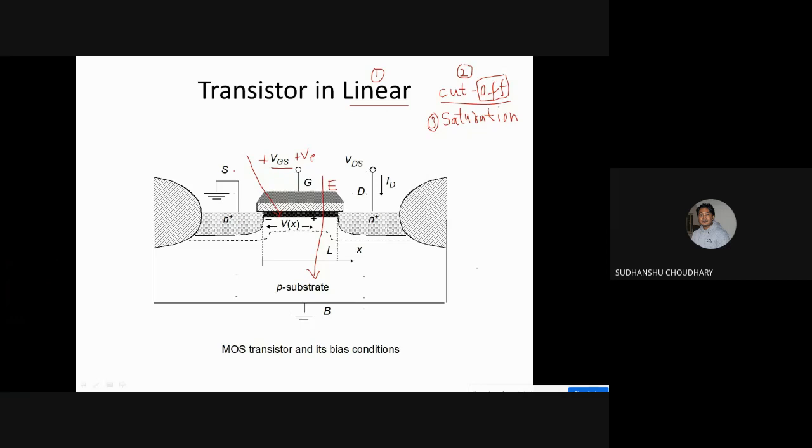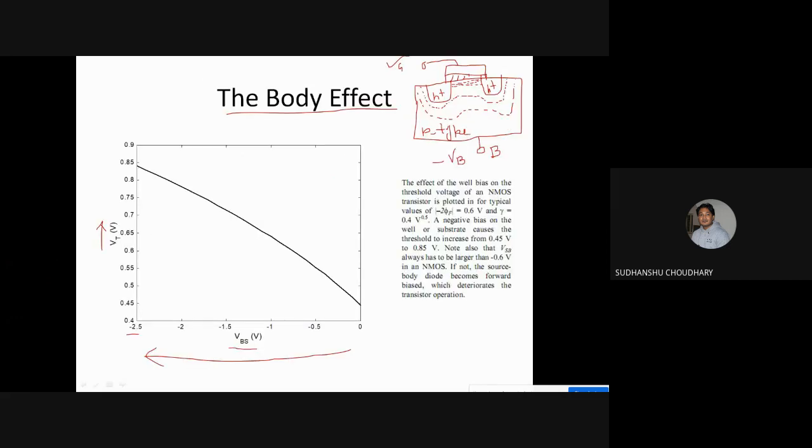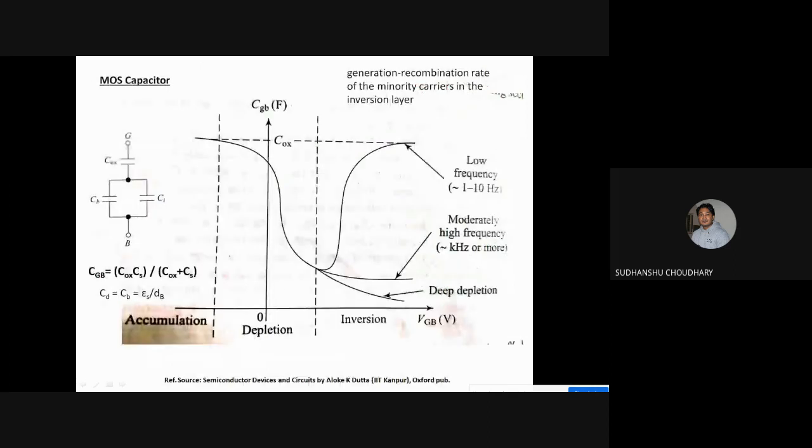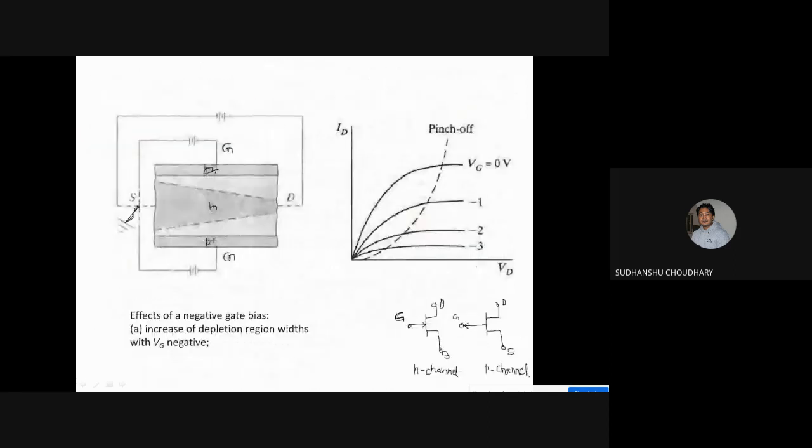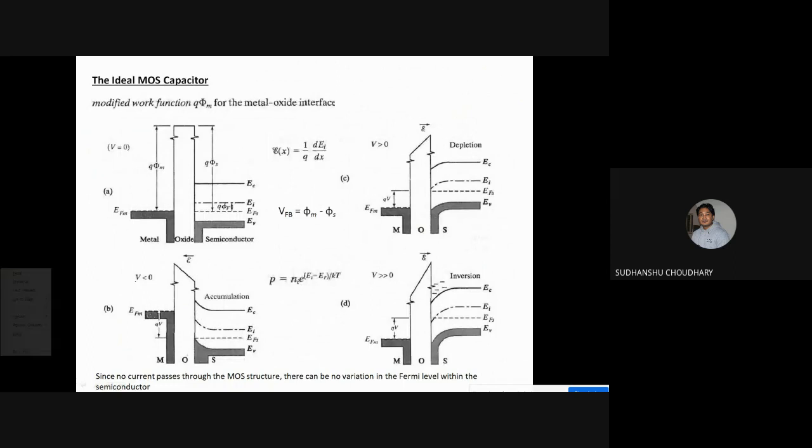I'll go back and show you. In a MOS junction, we had studied accumulation, depletion, and inversion. When the gate bias is negative, you had accumulation. When it is greater than 0, you had depletion. Then when the gate to source bias is increased, you have inversion, that is, inversion layer charge appearing under the gate.